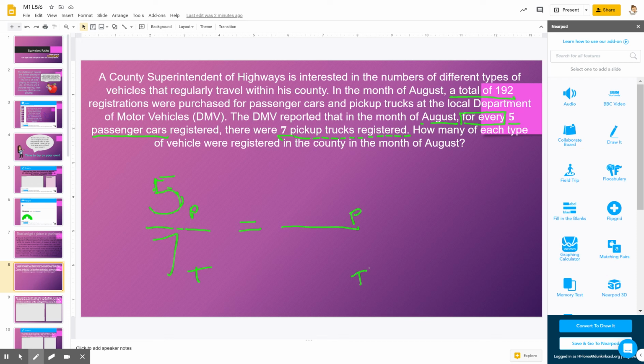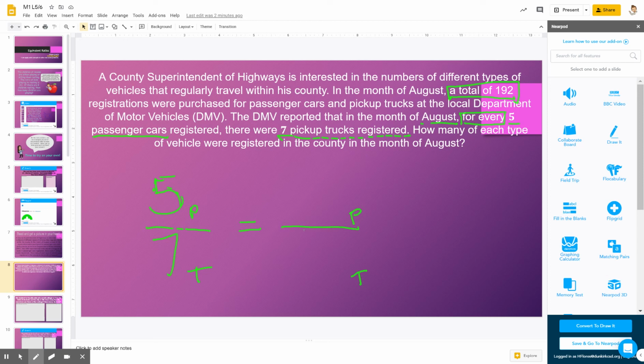Now, we have to find the other piece of important information. It says that there were a total of 192 registrations. So do we put 192 here because it's passenger cars, or do we put 192 here because it's the trucks? Guess what?